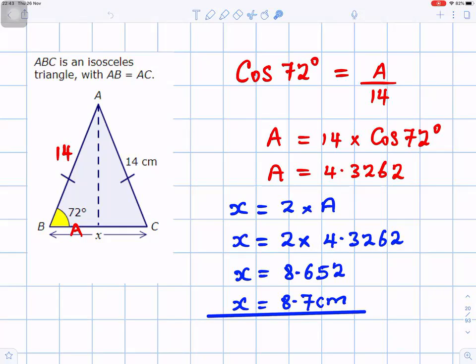So we know A is 4.3262, but we want x, which is double that. So we times it by 2. So x is 2 times A, 2 times 4.3262. And that gives us 8.652. And round it to 1 decimal place, which is 8.7 centimeters.